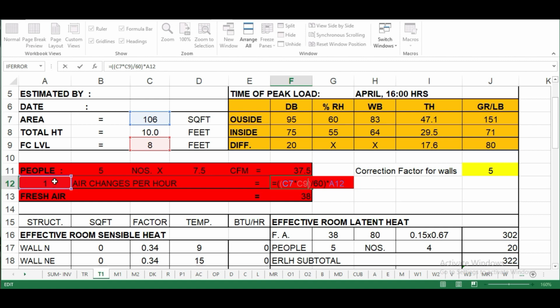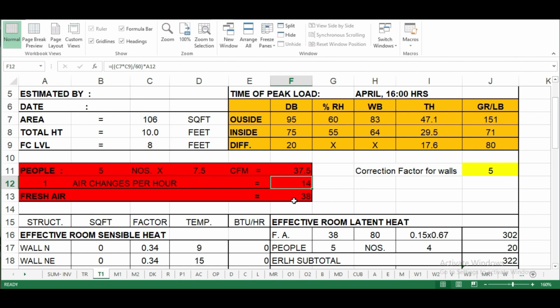Basically it's the volume, area multiplied by height, divided by 60, multiplied by air changes per hour. I have entered all formulas over here. Do not change any formula, or you will only be in trouble.